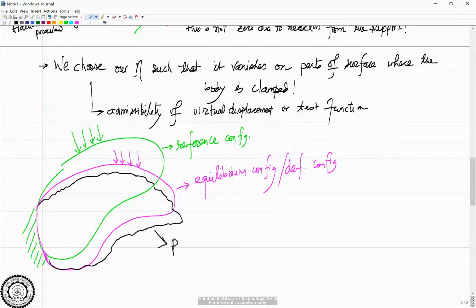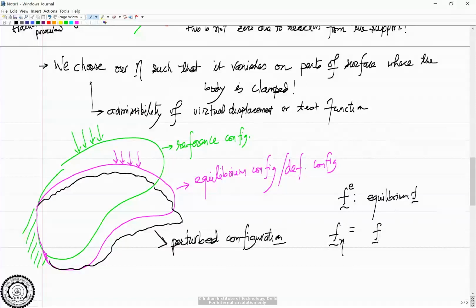This is the perturbed configuration. If Fe is the equilibrium f, then f eta, which is equal to equilibrium plus eta, is the perturbed f.